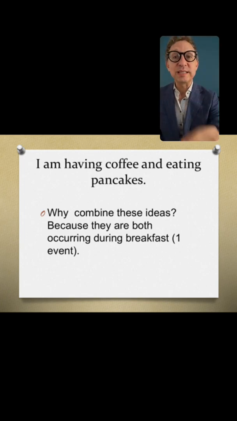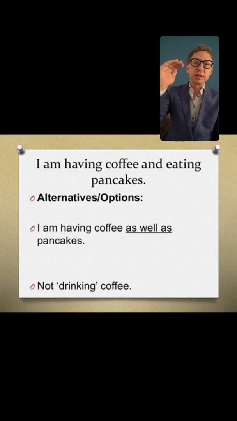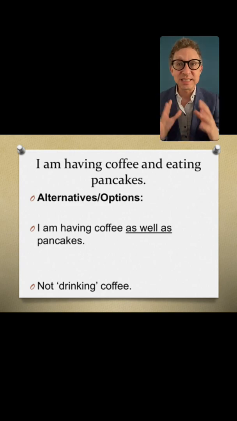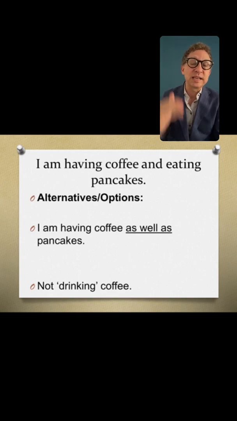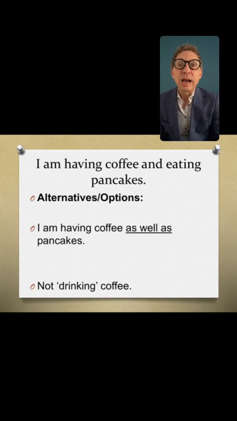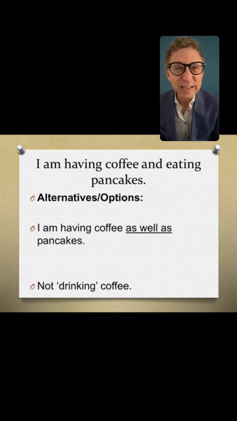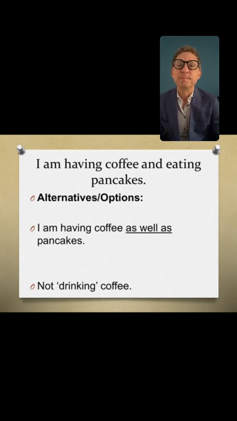So that's a reason to combine those into one sentence. Now let's look at a variation of this. The top sentence is the standard sentence, and now we're going to start to offer variations. So the first sentence, once again, I'm having coffee and eating pancakes, or I'm drinking coffee and eating pancakes.